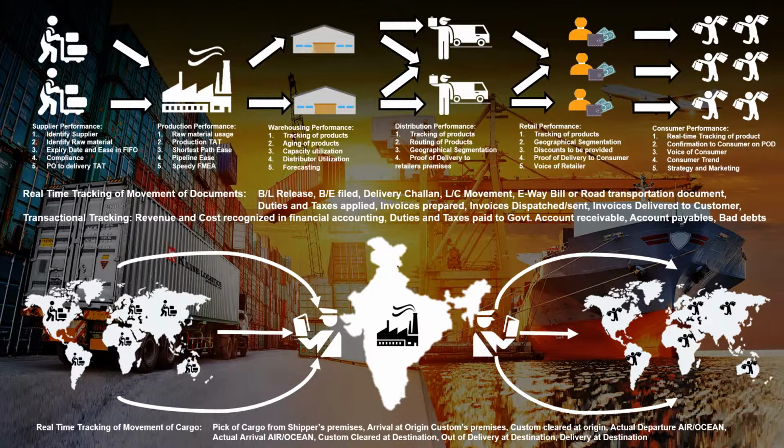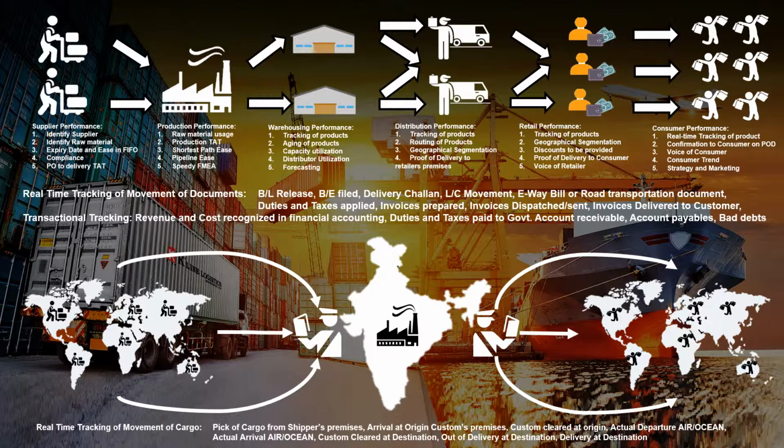Apart from this documentation tracking, it also tracks transactions, whether cost or revenue are booked in the system or not, whether we have received from the customer or we have paid. What are the debts and related to which account, which customer, which transaction.